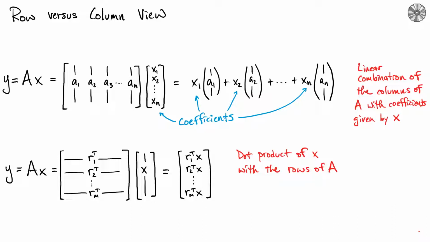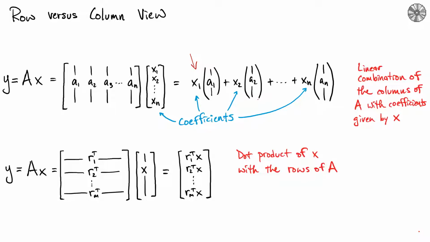And so that's shown here in this first equation, where x1 multiplies the first column of A, x2 multiplies the second column of A, and so on. And so we're creating a linear combination of the columns of A where the coefficients are given by x.